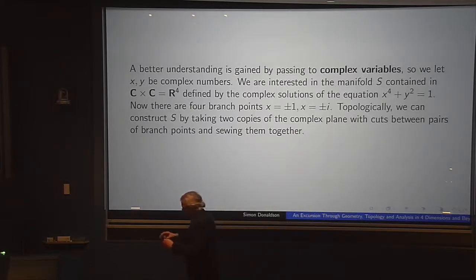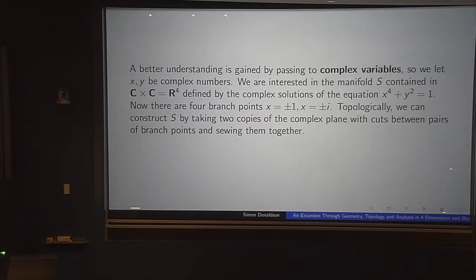And then, away from these branch points, we have 2 different solutions of our equation, y, for each possible value of x. So, in fact, we can construct this surface S topologically by taking 2 copies of the complex plane, and then making some cuts between the branch points, and then gluing together these 2 copies in an appropriate way. That's a bit hard to visualize if you're not a 4-dimensional being, gluing or sewing them together.